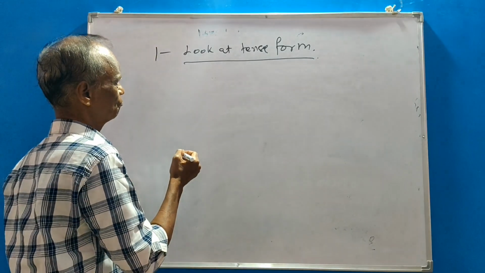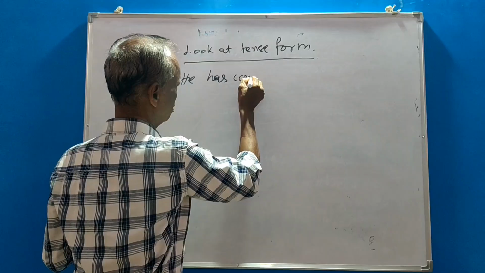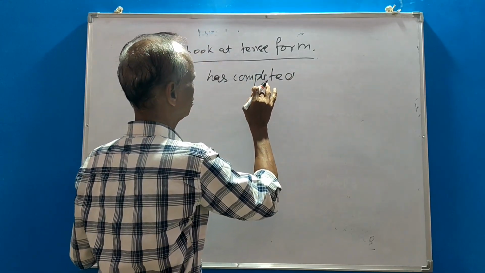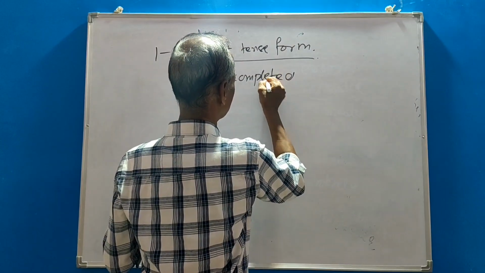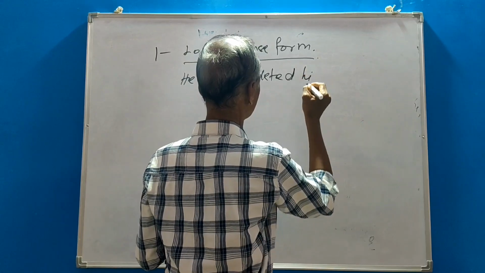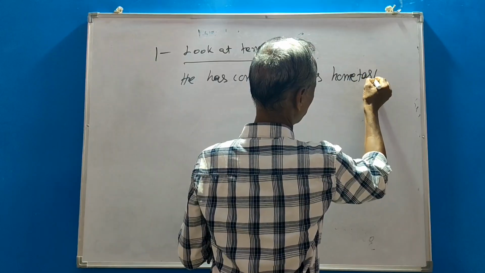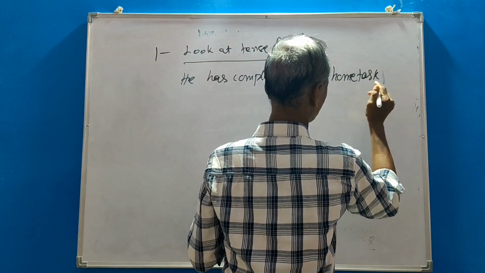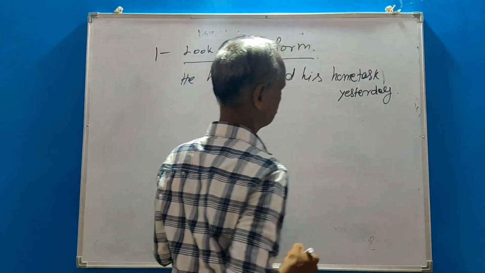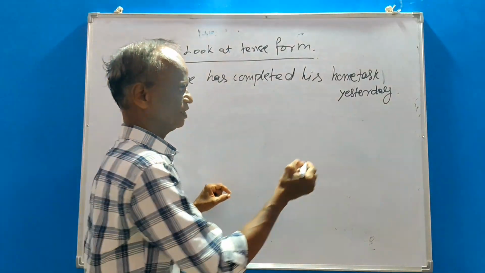For example, he has completed his homework yesterday. Okay. He has completed his homework yesterday. It is wrong.